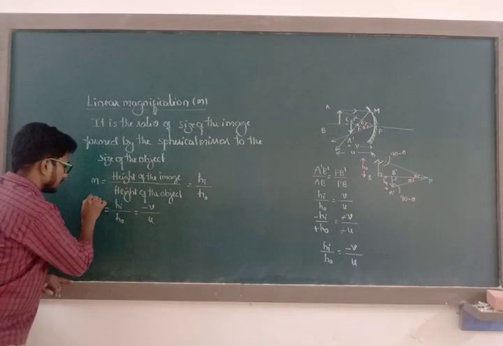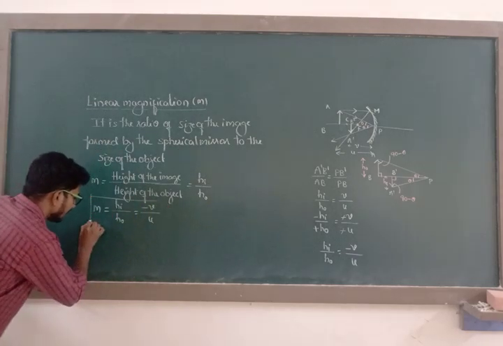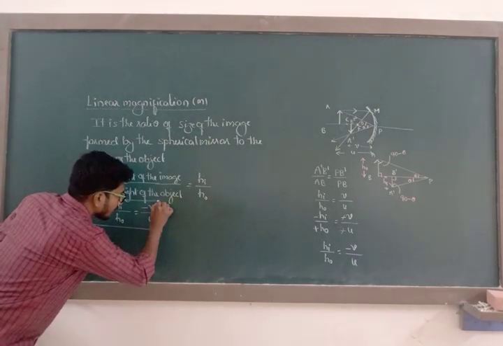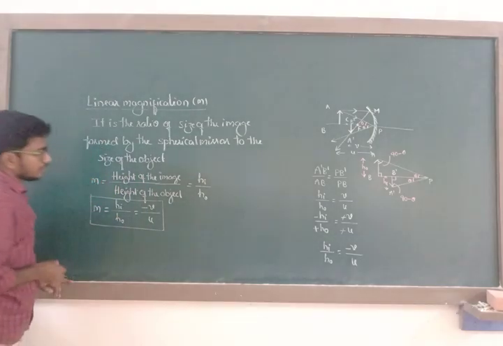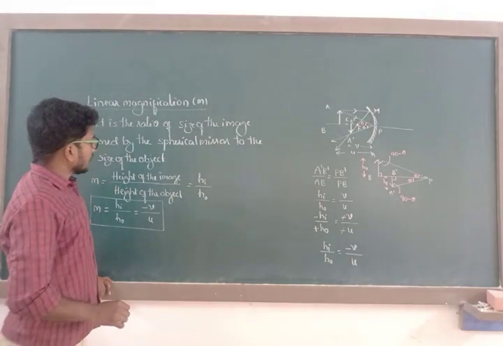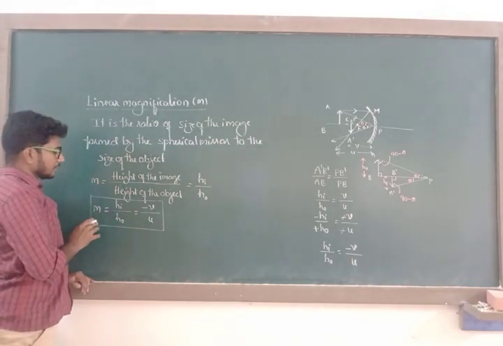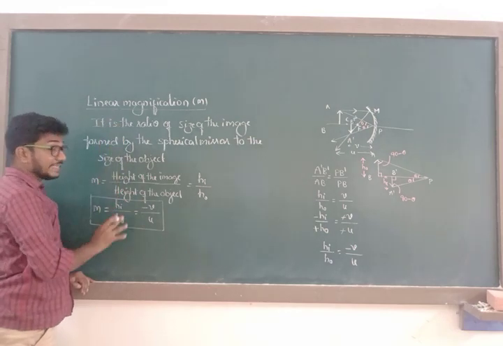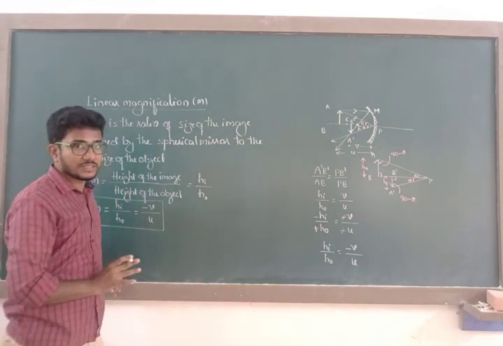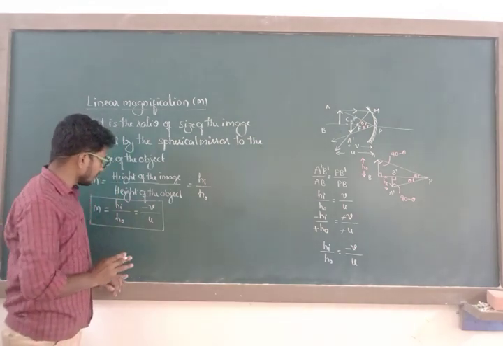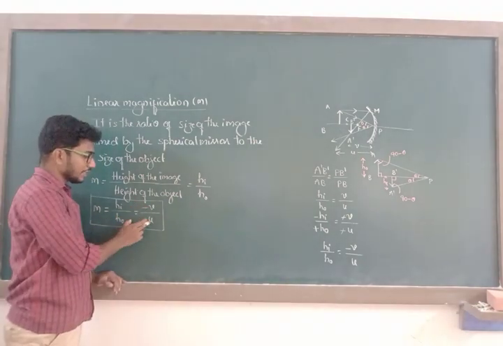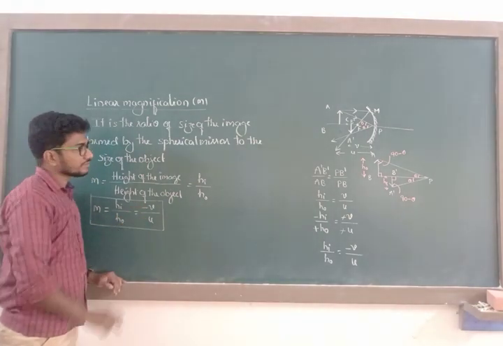This is the expression for linear magnification. For 1 mark, they may ask to write the expression for linear magnification in terms of object distance and image distance. Then you should write M is equal to minus V divided by U.